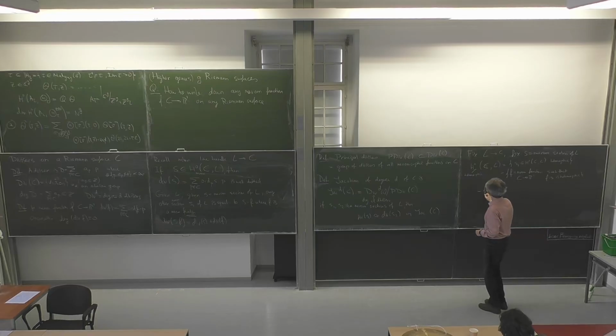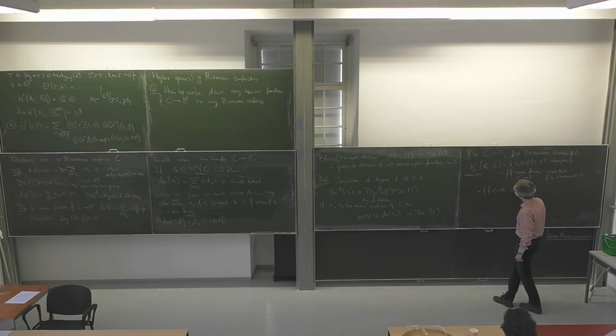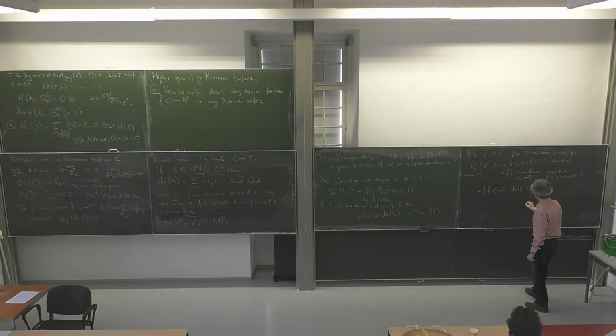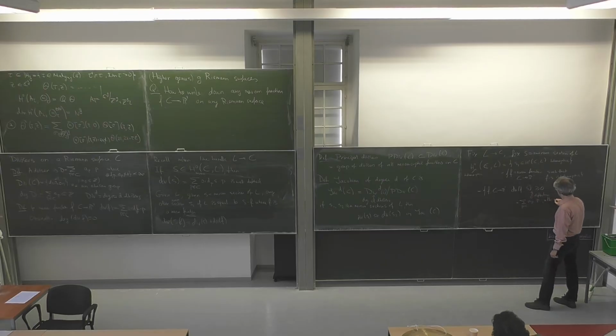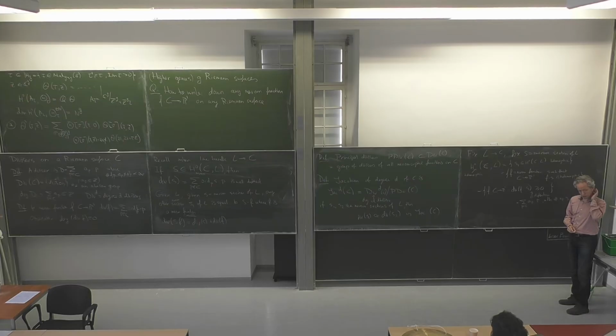This is the same as f meromorphic functions, such that the divisor of f times s is non-negative, which is to say, by definition, this is equal to a sum AP times P with all AP non-negative, right? I did nothing whatsoever, right?